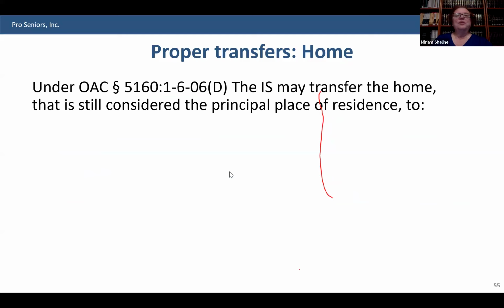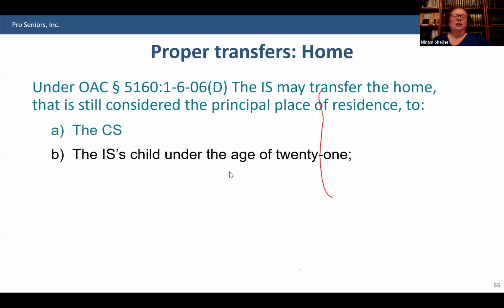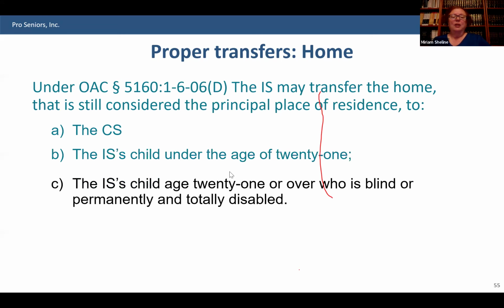So what we were just discussing, some transfers are proper, some are improper. There are proper transfers specifically of the home. You could transfer the home to the community spouse. You could transfer the home to the institutionalized spouse's child under age 21, or to a child over age 21 who is blind or permanently and totally disabled.